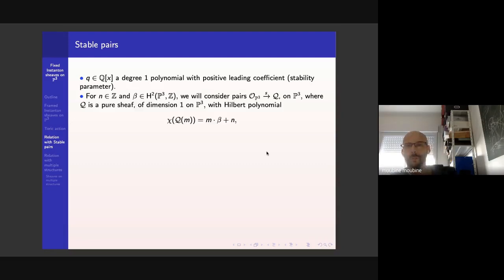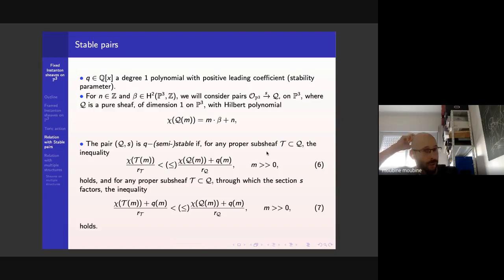And we consider pairs, so a pure sheaf on the one-dimensional curve with this Hilbert polynomial, and a section of this sheaf. Okay, so in the Hilbert polynomial, I'm writing beta, but it should be the integral with respect to the chosen polarization.